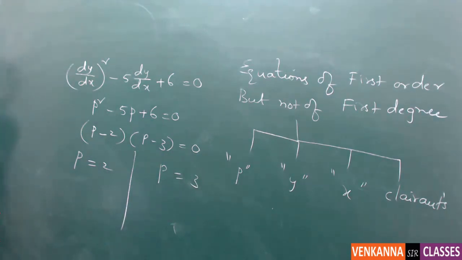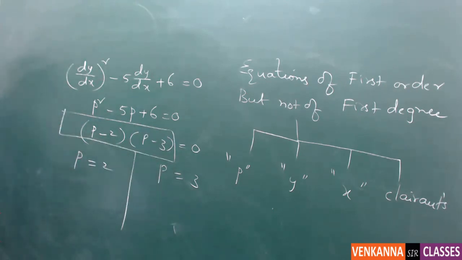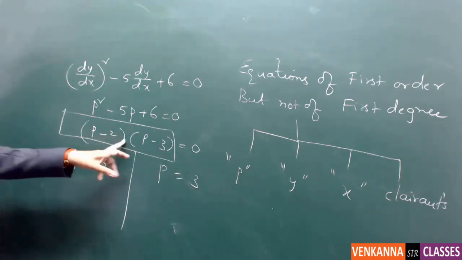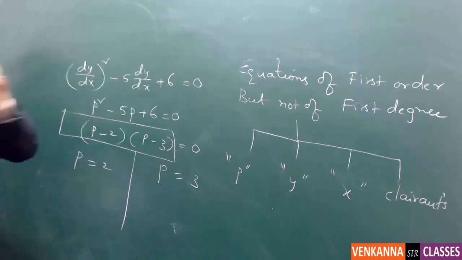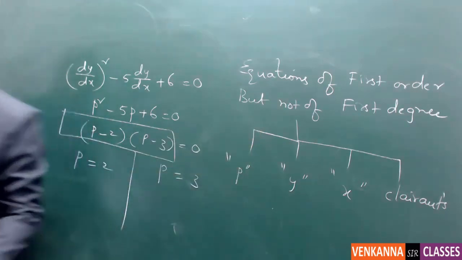So solving for p is nothing but, whenever a given differential equation is possible to write as linear factors of p, p minus something into p minus something equal to 0, then such an equation is called an equation solvable for p.